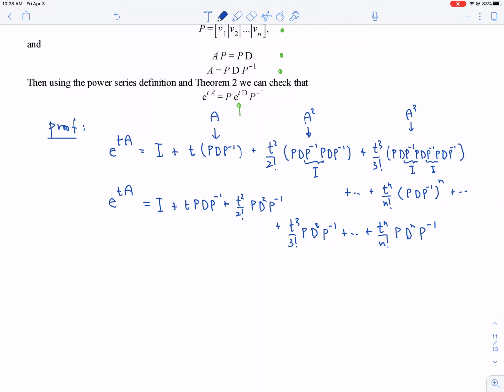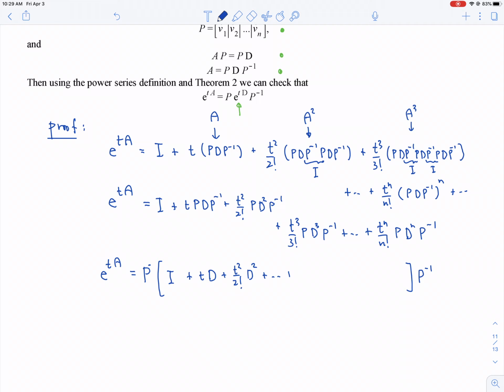And you can factor out a P on the left of everything and a P inverse on the right of everything. And then if you just put an I here, you'll end up with the I that we need. And then on the second term, all that will be left will be a tD. On the third term, all that will be left will be a t squared over 2 factorial D squared.